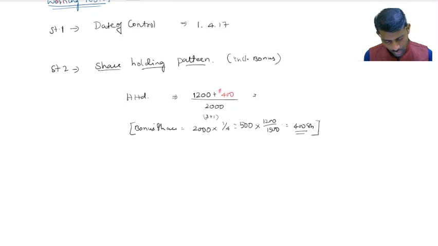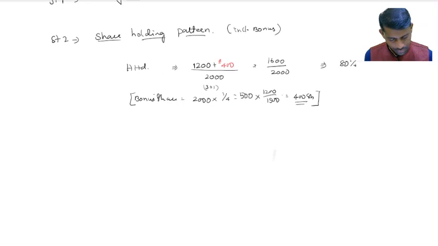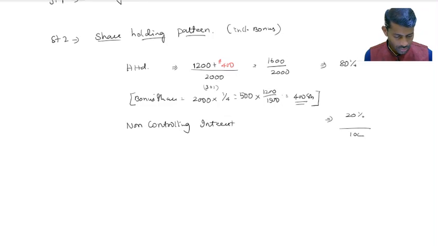Therefore total it is 1,600 shares out of 2,000 shares, which amounts to 80%. Non-controlling interest is 20%. Total 100%. Please try to understand this computation.